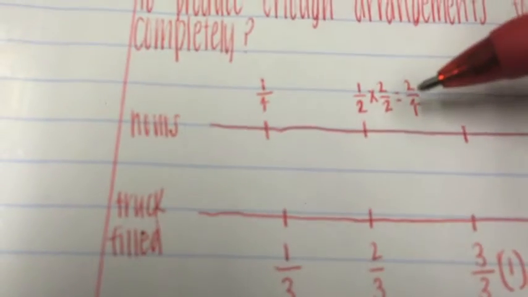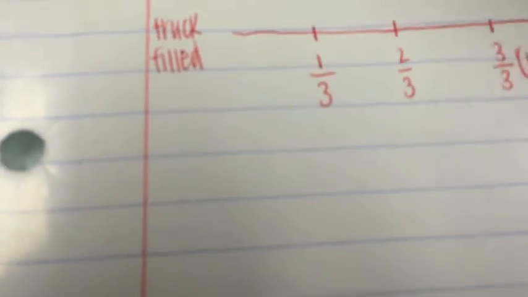So half of 1/2 is 1/4. But then you notice 1/4 and 1/2 are two different denominators. So we can multiply 1/2 by 2/2 and get 2/4. So that's 1/4 and that's 2/4. Then the next tick mark has to be 3/4.